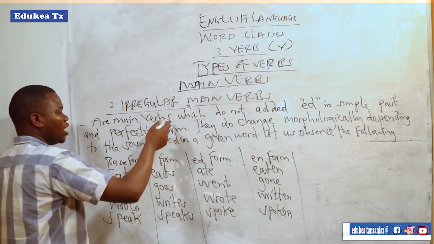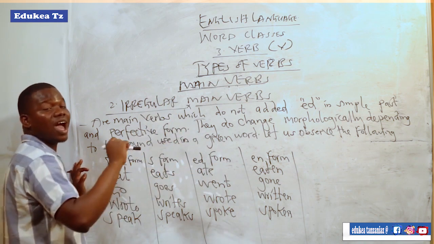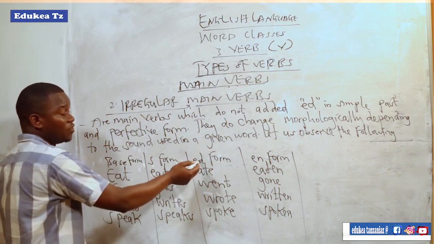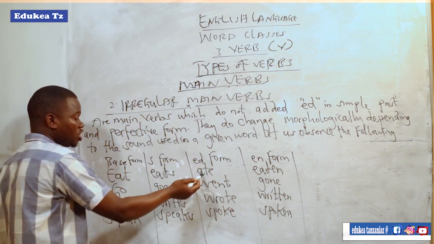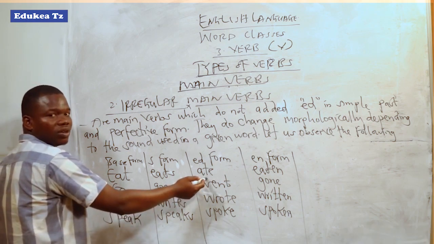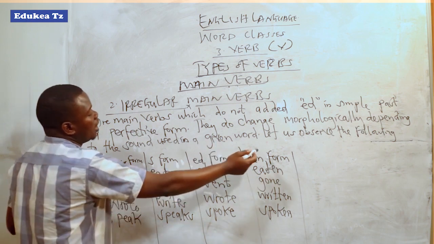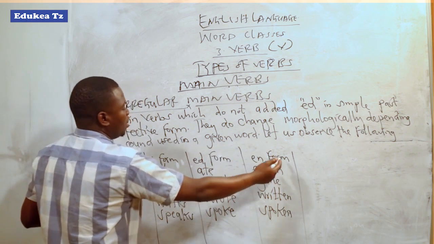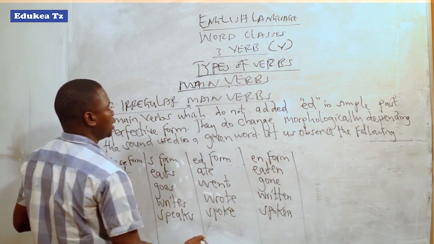Since it is irregular, it does not receive ed in ed form or in a simple past. That's why here it has changed to ate, simply because it is an irregular main verb. Again, in en form, the word has changed and become eaten.